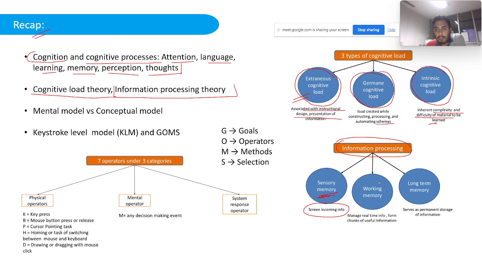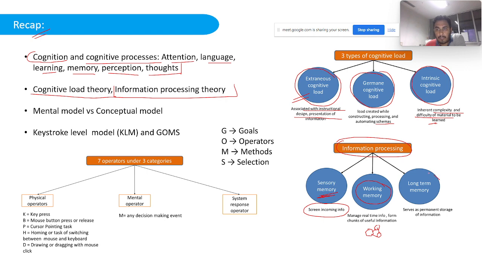Then we have working memory, which is short-term memory. It manages real-time information, and our brain processes information into smaller chunks, which form schemas for later storage in long-term memory.